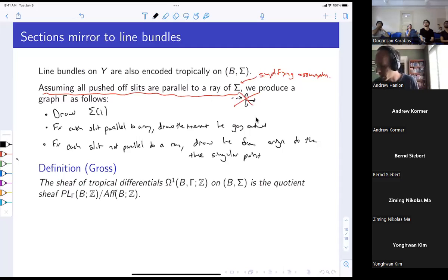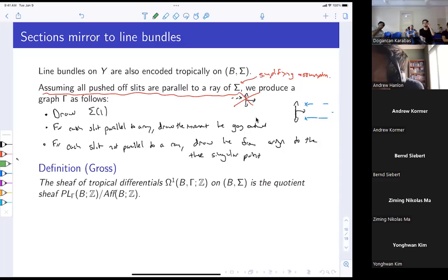So, for example, if I had a diagram like this, maybe I should do it like this. Let's do the example like this. Maybe I have something like this.